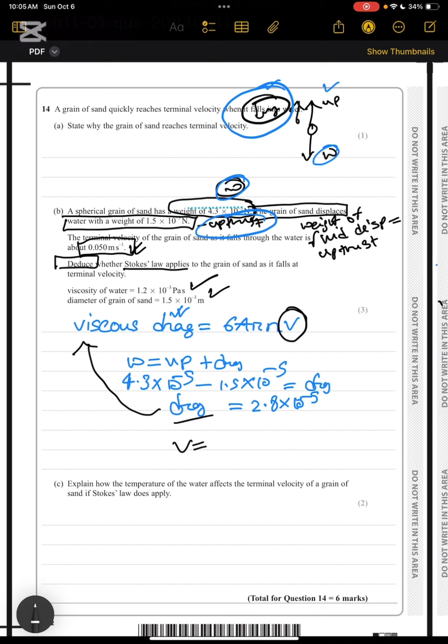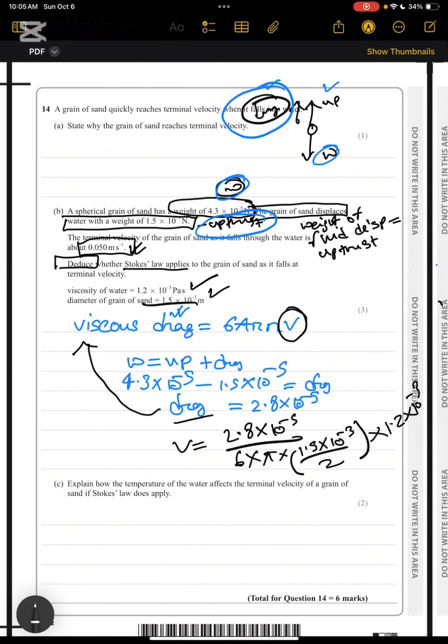So what we can do is v is equal to 2.8 into 10 to the power minus 5 divided by 6 into pi into radius. Diameter has been given, so we have to just find out the radius: 1.5 into 10 to the power minus 3 divided by 2, into the eta value, which is 1.2 into 10 to the power minus 3. So we are done with this.